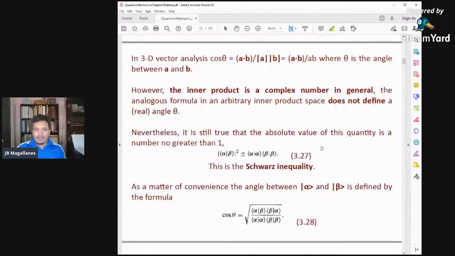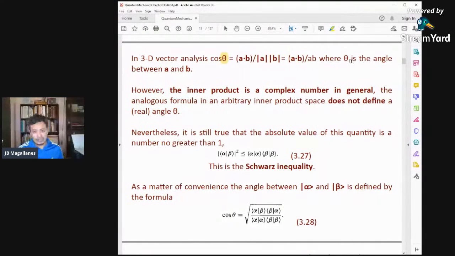So in the 3-dimensional case, you have cosine theta equal to a dot b divided by the product of their magnitudes, which is a dot b over ab, where theta is the angle between a and b in 3 dimensions.